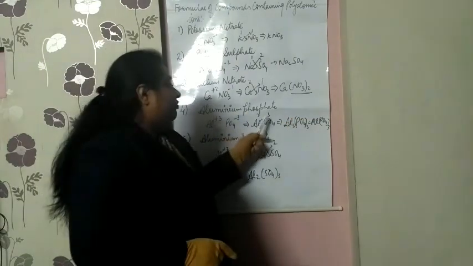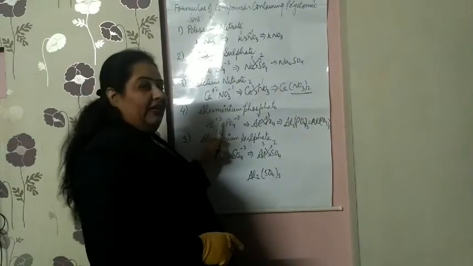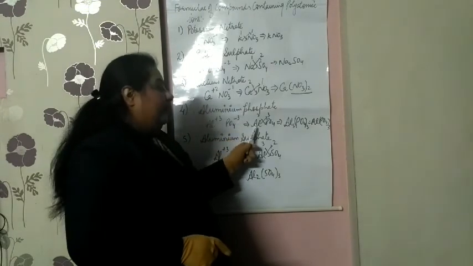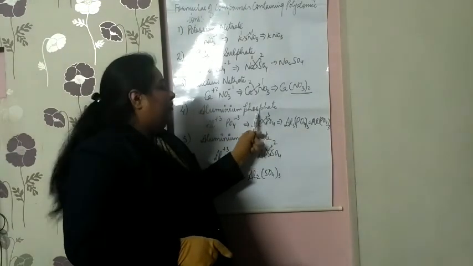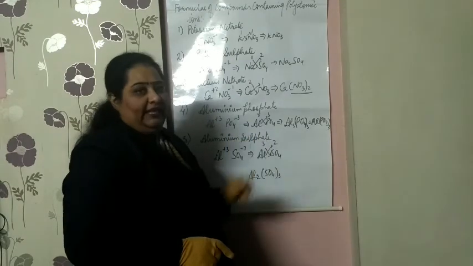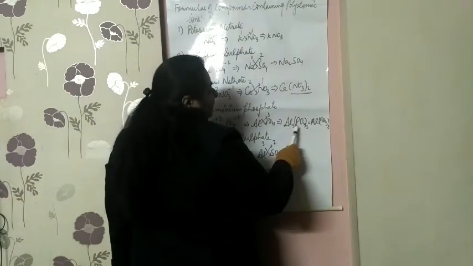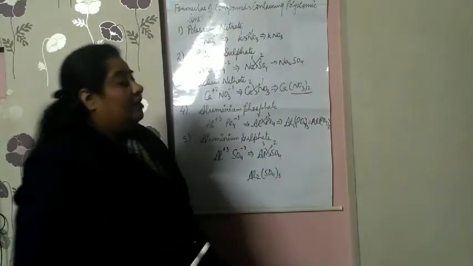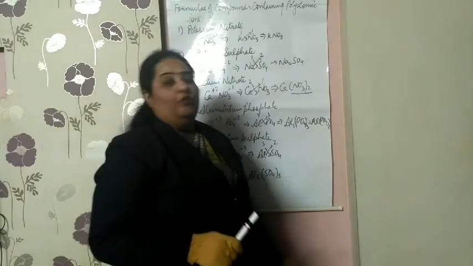Again, aluminium phosphate. Aluminium +3 valency, phosphate -3. Same way, the formulas are written with the valencies at the top, and then crisscross multiplication, Al3 PO4 thrice. 3 is taken out, formula is AlPO4.